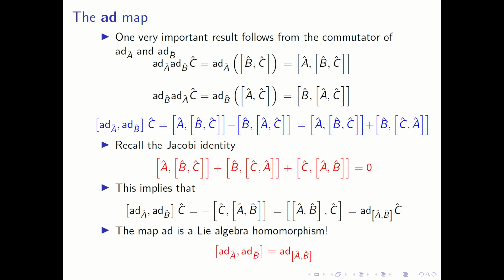But before we move on to seeing how this small ad map works in the context of angular momentum, let me just introduce to you briefly the big Ad operator. There is also a map, why big Ad? Because it's spelt with a capital A. The big Ad operator is also, like the small ad operator, a map which carries operators to superoperators.